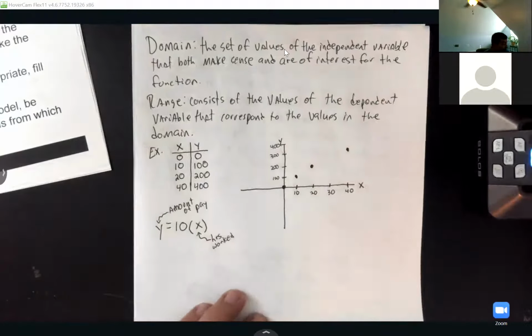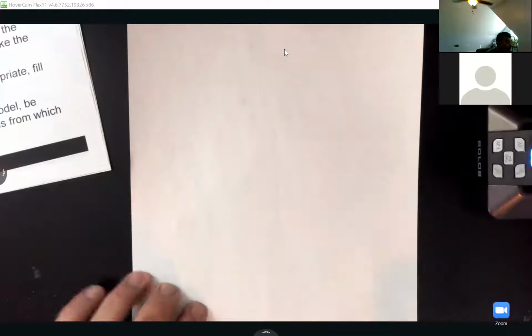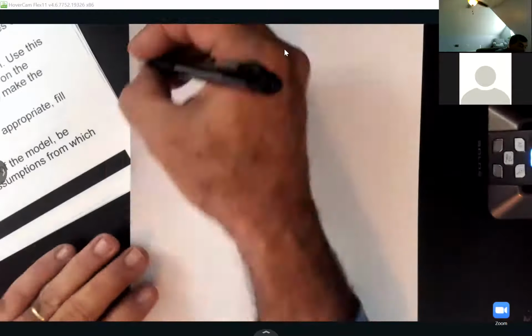All right, so next we will look at creating and using graphs of functions.